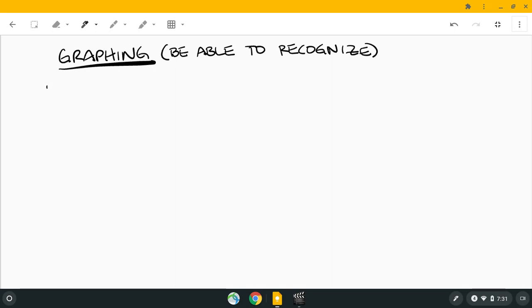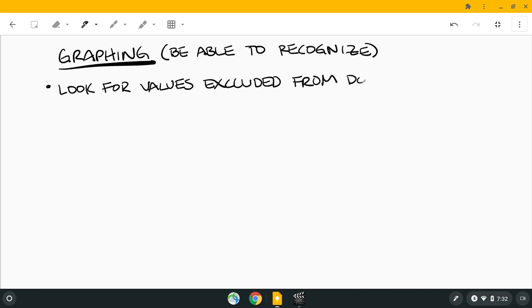So look for values excluded from the domain. That's going to be the main part, being able to find the domain, because if you can find the domain, then you should be able to find the graph.